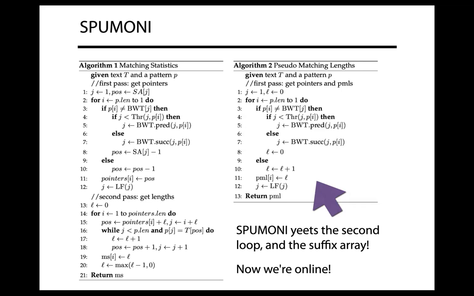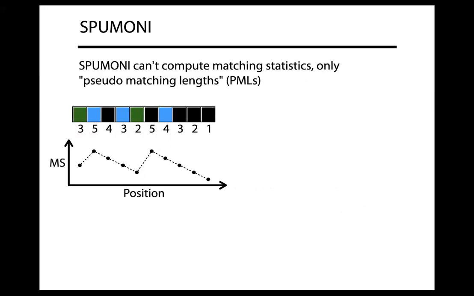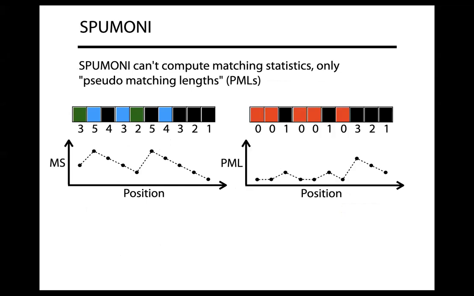And to give you a picture of what it looks like, if these are my actual matching statistics in a particular example, what we compute is something a little bit more rudimentary called the pseudo-matching lengths. And they look like this. And often when there's a big, tall peak in the matching statistics, this example is not very big, so it's hard to see, but often when there's a big, tall peak in the matching statistics, we capture it. It's not quite as tall a peak, but we manage to capture it with these pseudo-matching lengths.